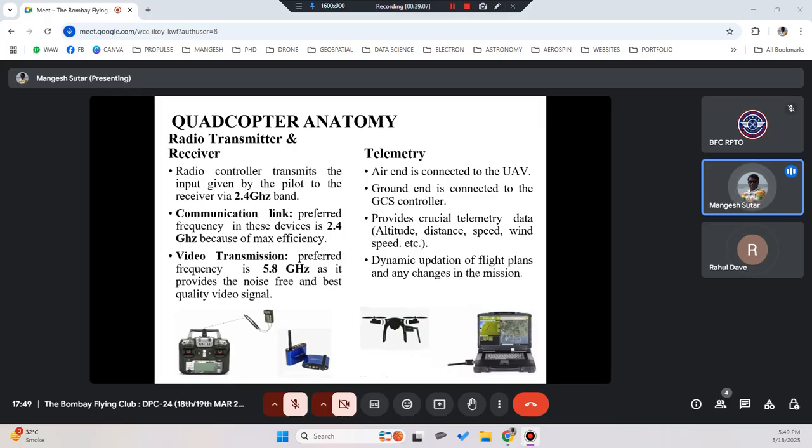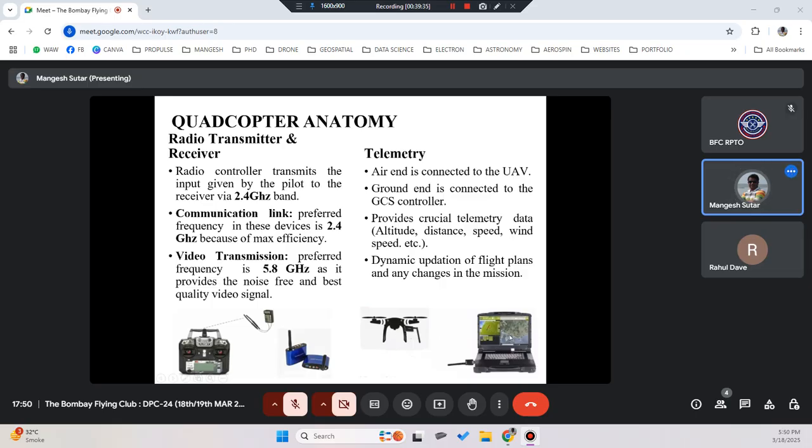Additionally, you can always have telemetry connectors also, like you can have an air end connected with the UAV, so that you can have a separate ground control also. Like I told you, you don't require the flight controller, but you fly a drone using a laptop or a ground station kind of thing. The ground station will have a transmitter-like device, and the drone will have a receiver kind of device, which are bound to each other and communicating with each other.